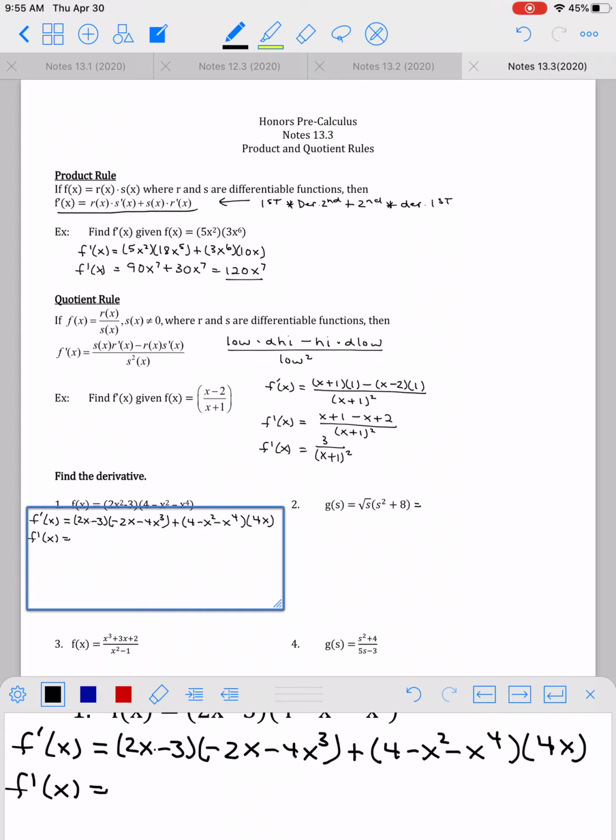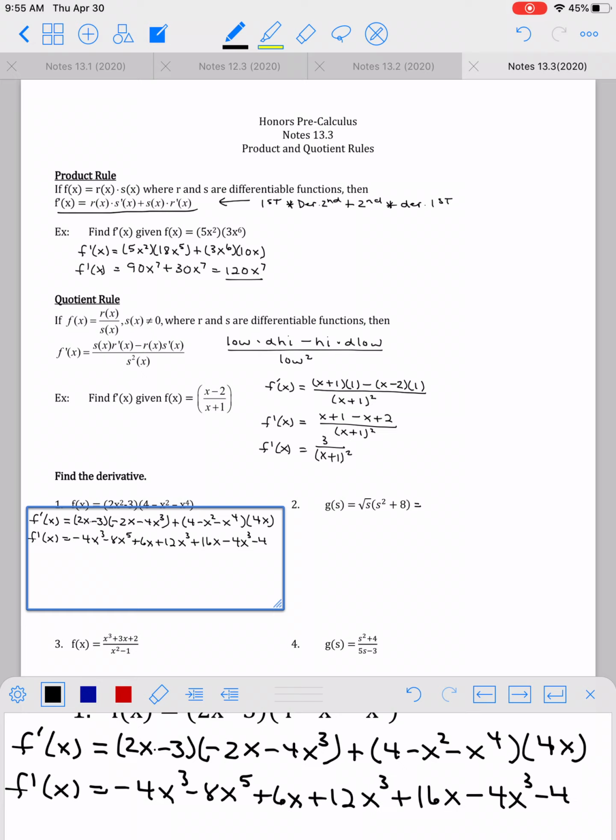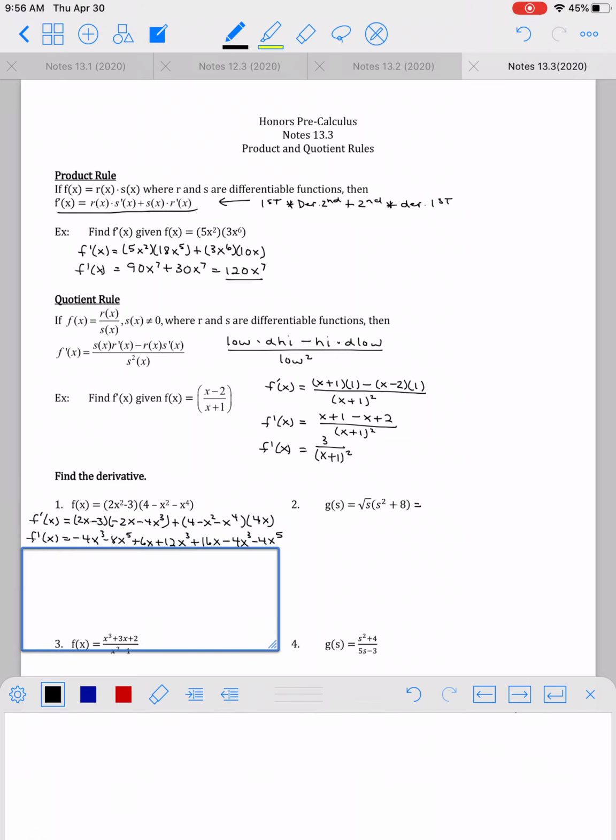Now we've got binomial times binomial, so we'll go ahead and do FOIL here, which would be negative 4x to the third, minus 8x to the fifth, plus 6x, plus 12x to the third, and then plus 16x, minus 4x to the third, minus 4x to the fifth, and then we are going to simplify that, and usually descending order is preferred.